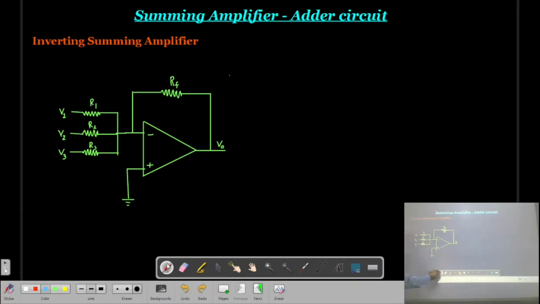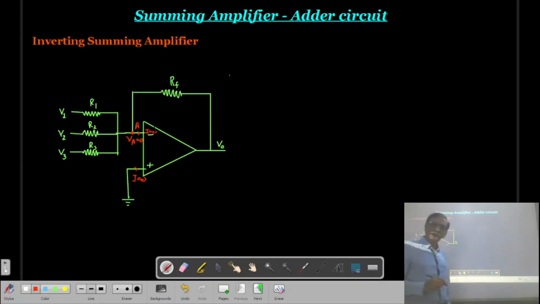First of all, the non-inverting terminal is connected to the ground, and by applying the concept of a virtual ground, at point A, if we see the potential, this potential will be zero, because the flow of current in the non-inverting terminal and in the inverting terminal is zero.